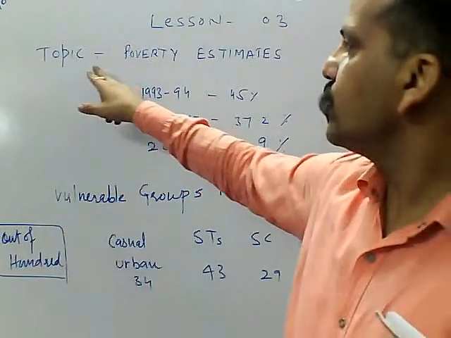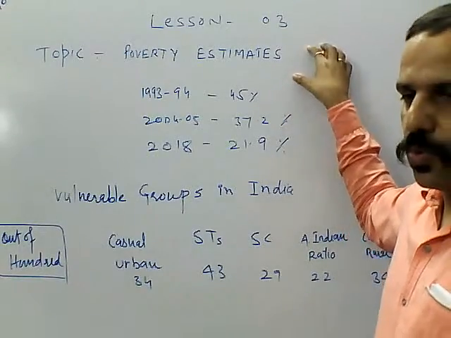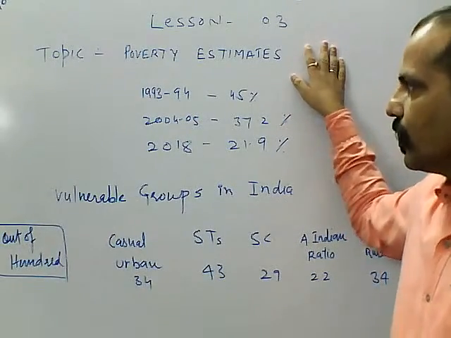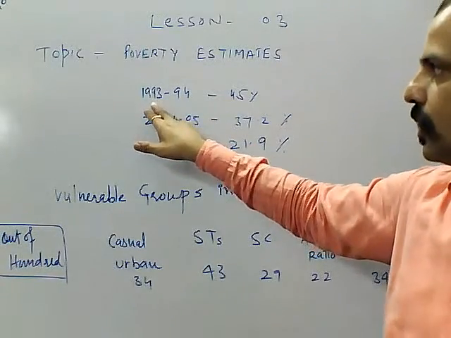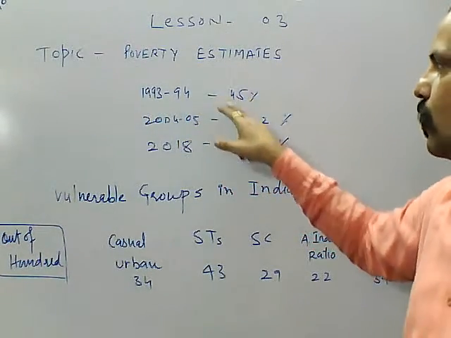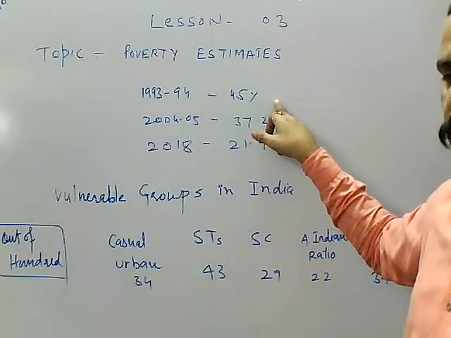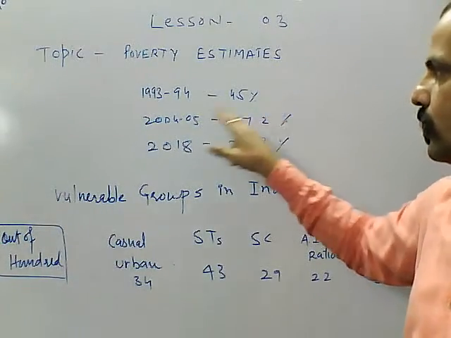So next, today's topic is poverty estimates. About the estimates over a different period of time in our country: if you talk about 1993 to 94, around 45% of people were below the poverty line, or poor.